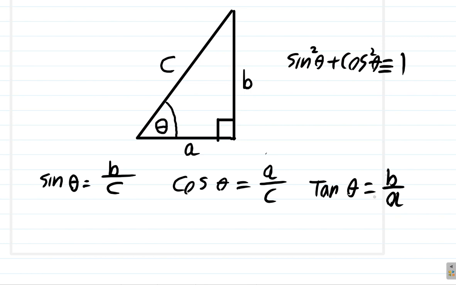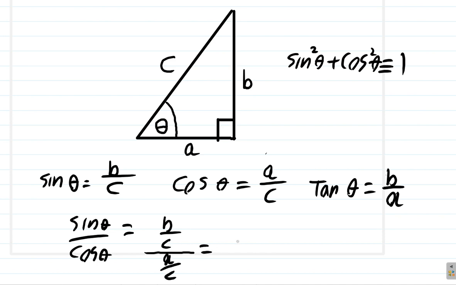Now, let's see something. Suppose we put the sine of theta over the cosine of theta. That would be equal to B divided by C all over cosine of theta, which is A divided by C. Remember, when you have a fraction divided by another fraction, you have to remember what you're supposed to do in that case.